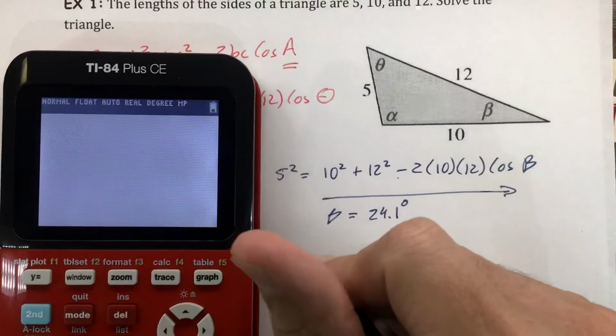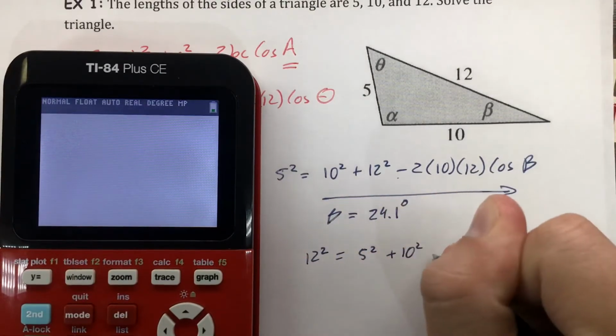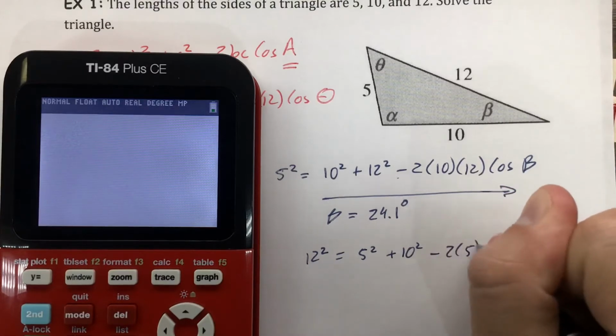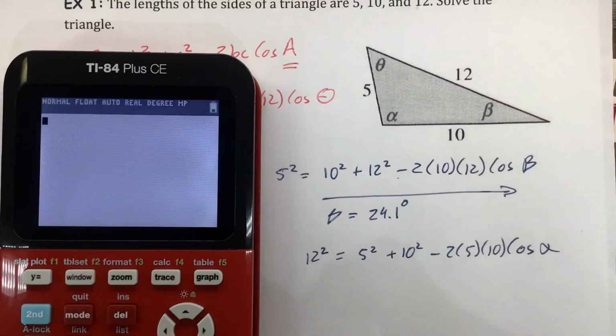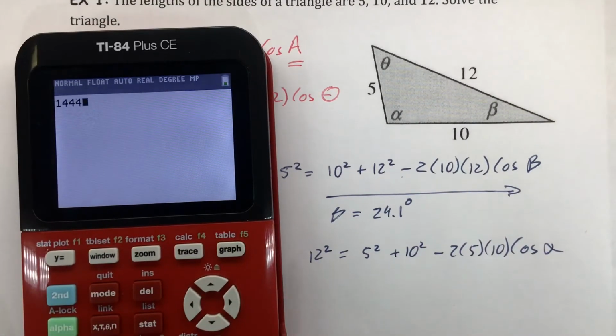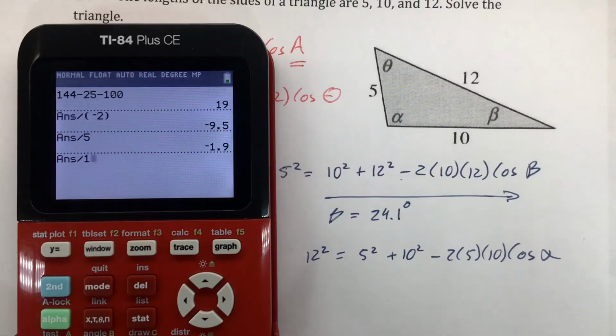So for solving for alpha, it's going to be 12 squared is equal to 5 squared plus 10 squared minus 2 times 5 times 10 cosine alpha. So we'll take 144, subtract 25, subtract 100, divide by -2, divide by 5, divide by 10, and last we'll do an arc cosine.